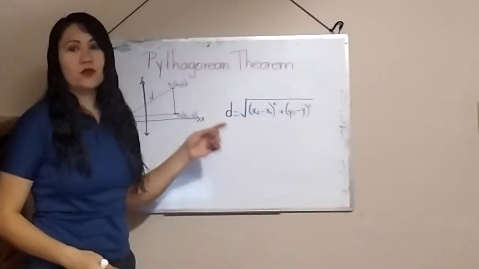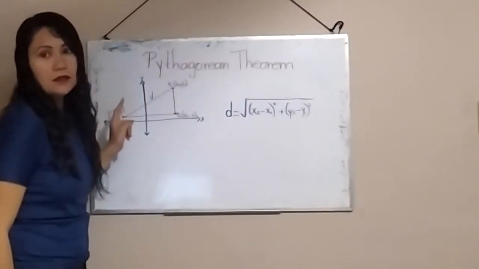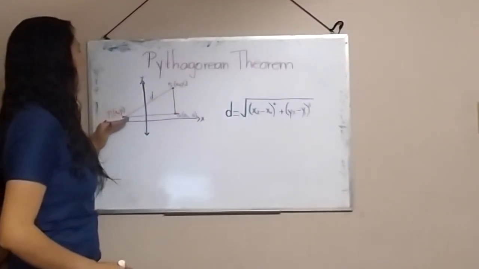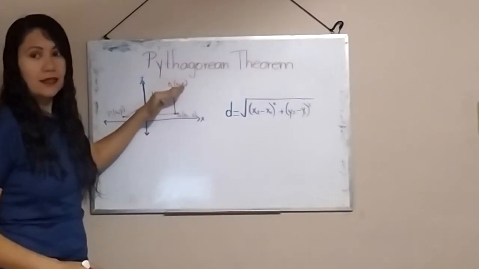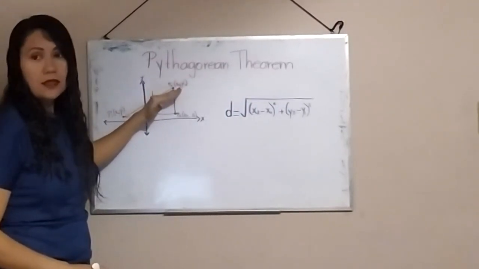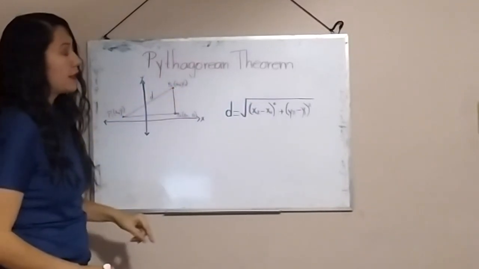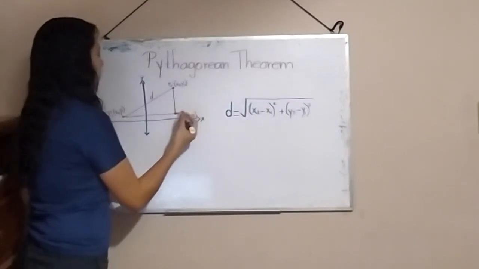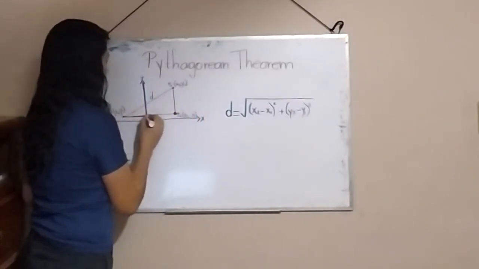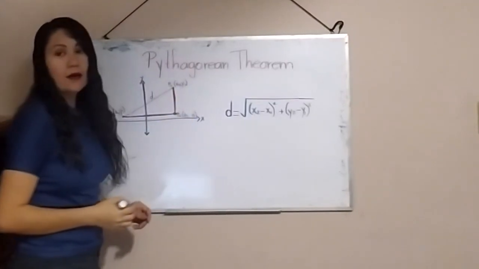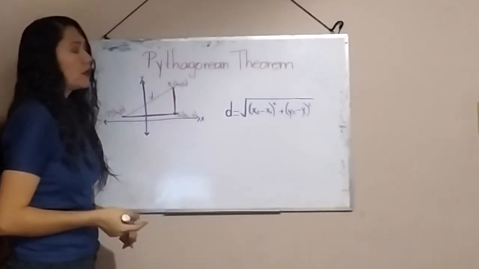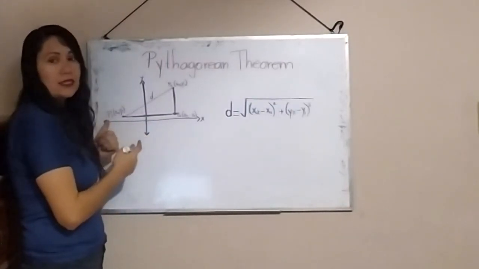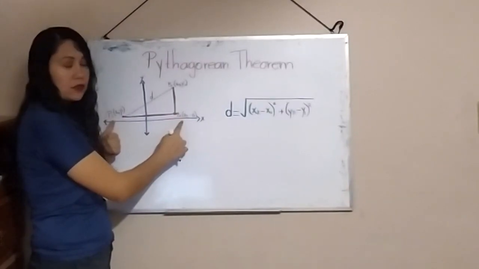Now, the distance between two points in the Cartesian plane. We have point 1 and point 2, and a line that connects both of them. Now we can add a point 3 to make this a right triangle. What is the measurement or the distance between point 1 and point 3?